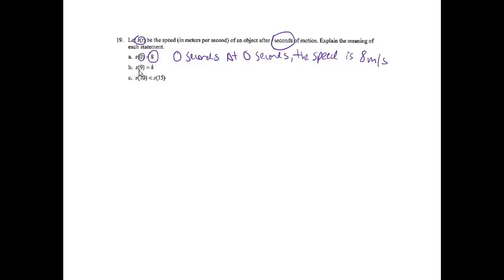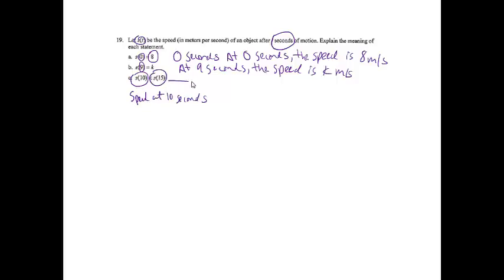Okay, S of 9 equals K means this would be at 9 seconds. My speed is K. So at 9 seconds, the speed is K. We don't know what K is, but that's okay, in meters per second. Okay, so now let's figure this one out. S of 10, at 10 seconds, this would be my speed at 10 seconds.